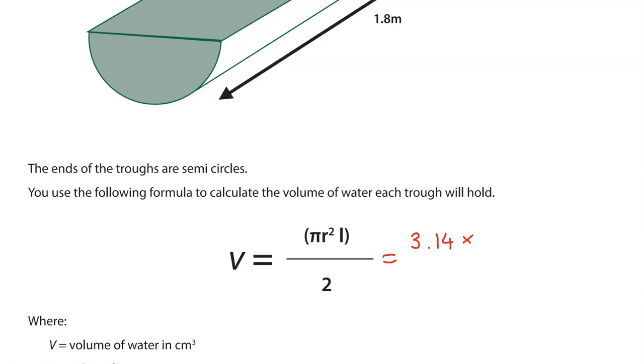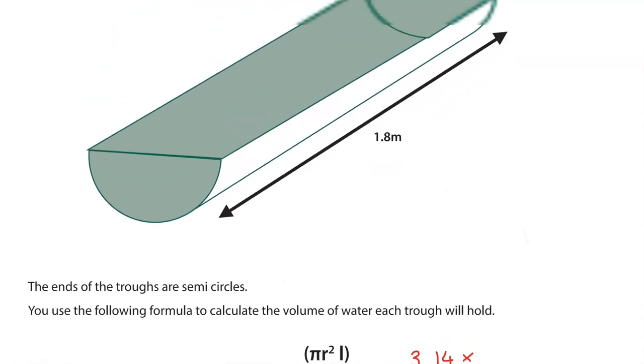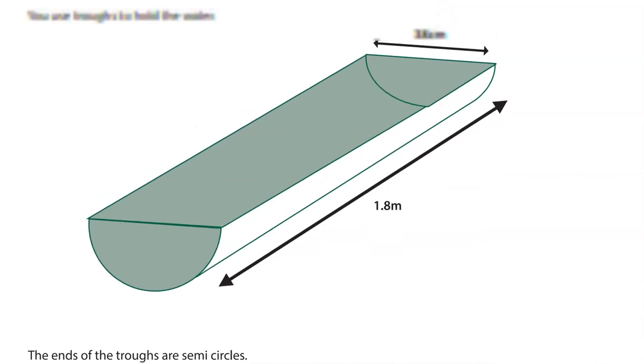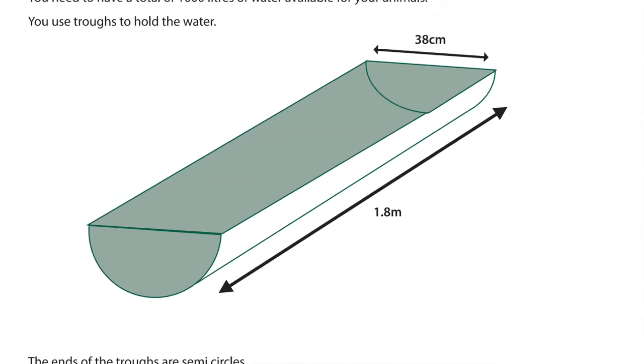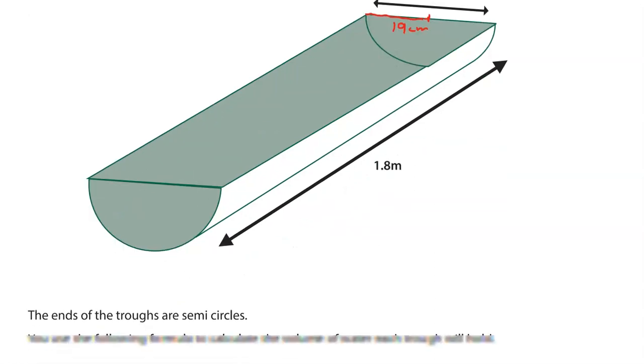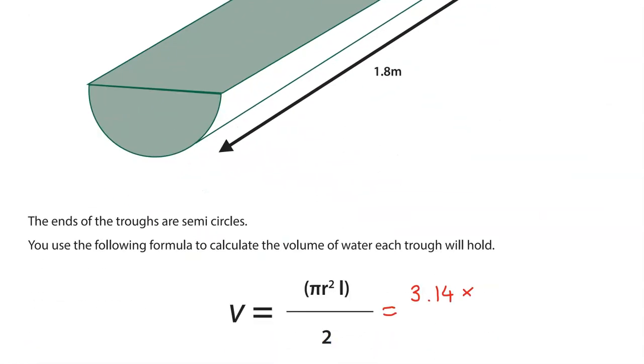So R, the radius. What is the radius? We can see the diameter is 38, so half of that is going to be 19. So that's the radius, 19 centimeters.